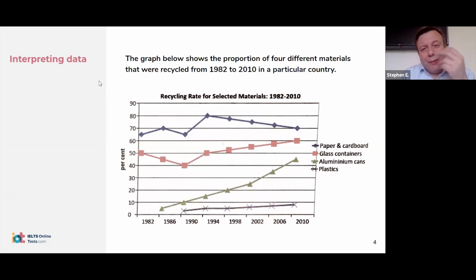So let's have a look at interpreting the data. What type of chart do we have here? Yeah, line chart, line graph, good. So what's being measured?